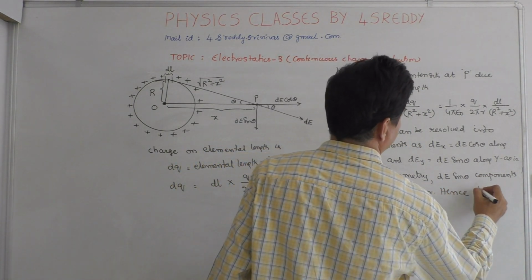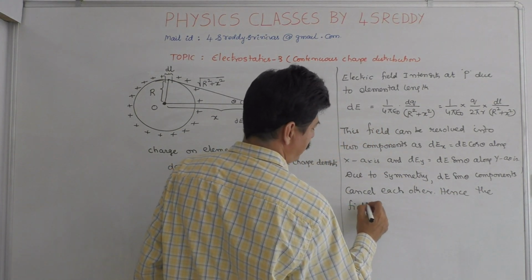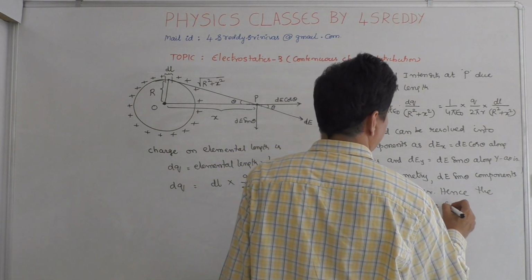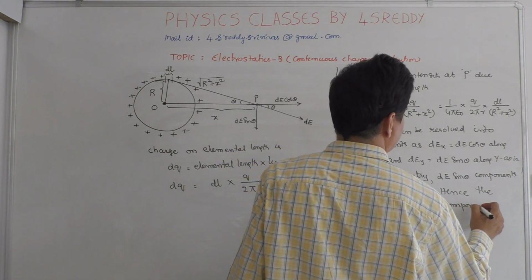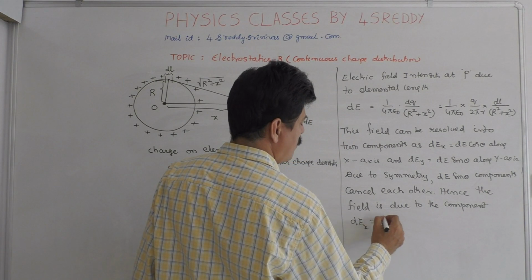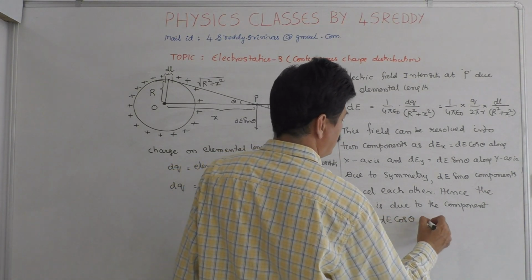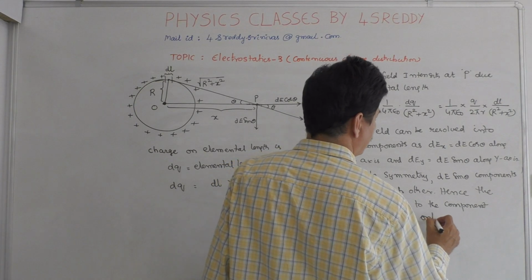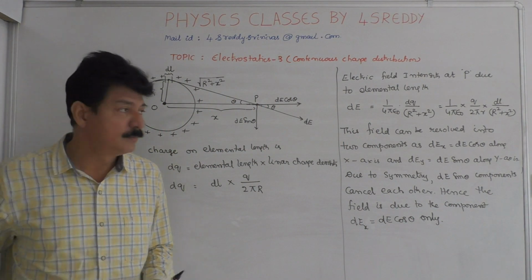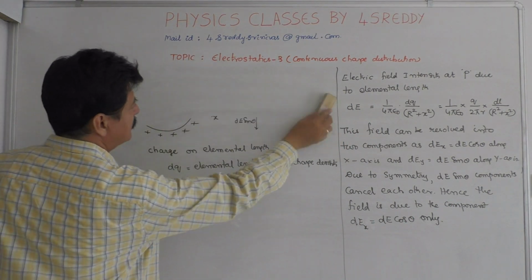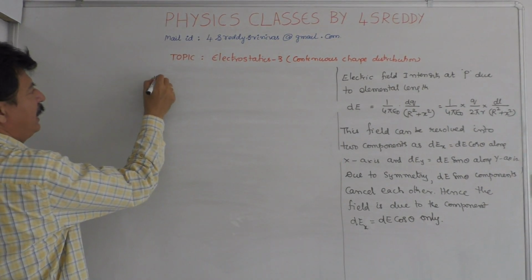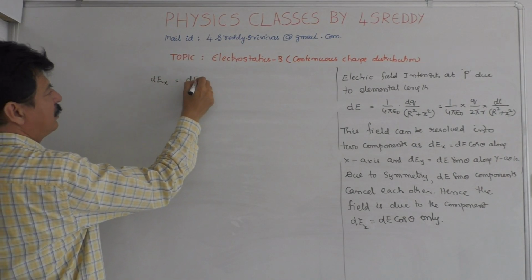Hence the field is due to the component dE cos theta only. Therefore, once you got the idea of this, dEx is equal to dE cos theta.